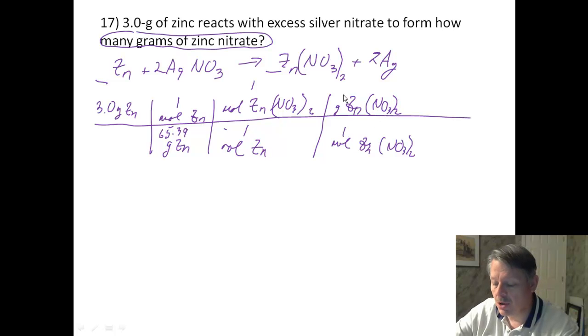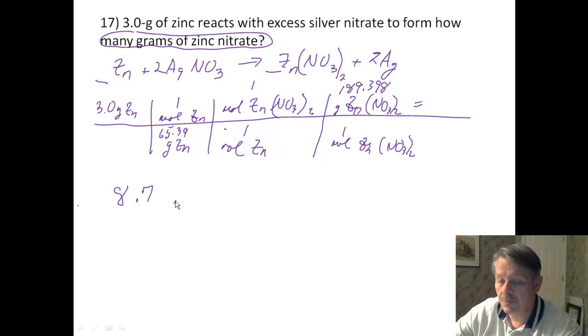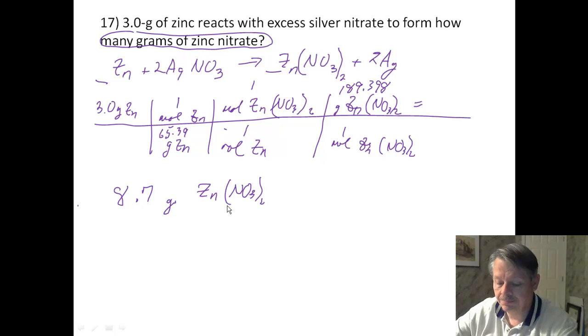That's a rather complicated one, but that's 189.398 grams of zinc nitrate. So I do the math, and that gives me 8.7 grams. Notice I only have 2 sig figs, 8.7 grams of zinc nitrate. And that's it. Okay, that's number 17.